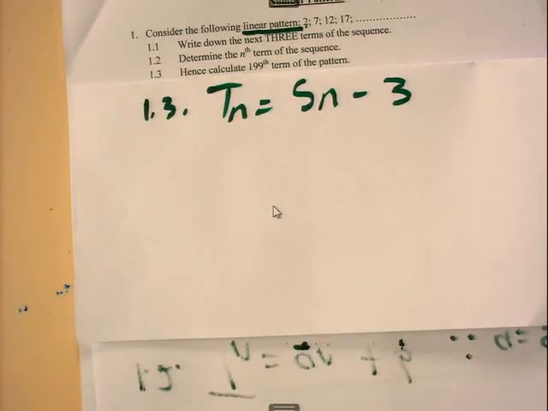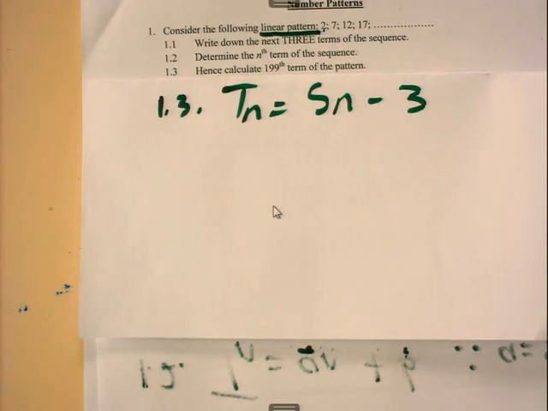If we determine the 199th term, we need to substitute the value of n by 199, because n in this case indicates the position of a term in a sequence. In this case the position is given. It's term number 199, so we want the value of that term. Hence the question states, calculate the 199th term of the sequence.